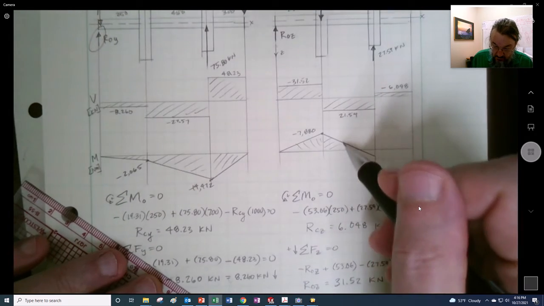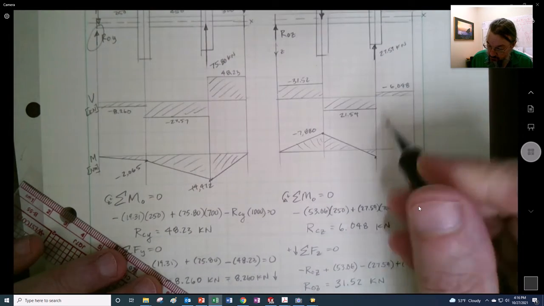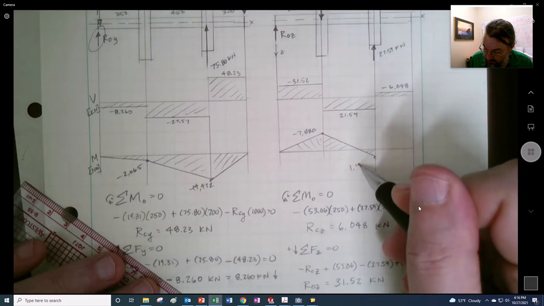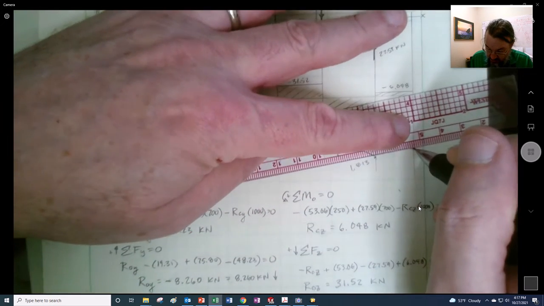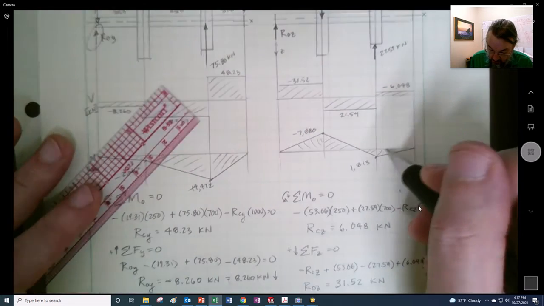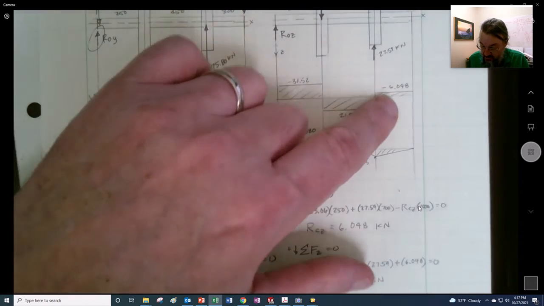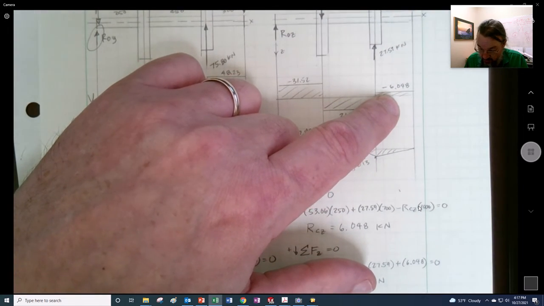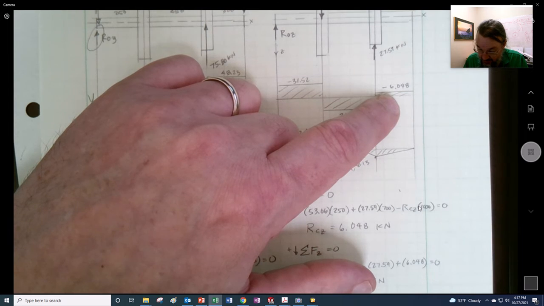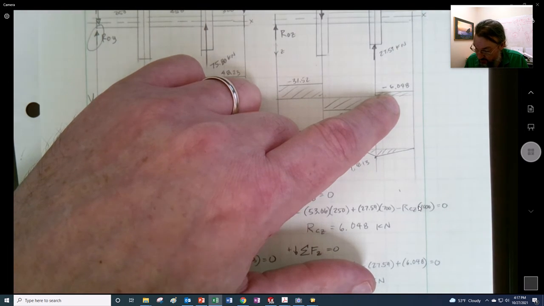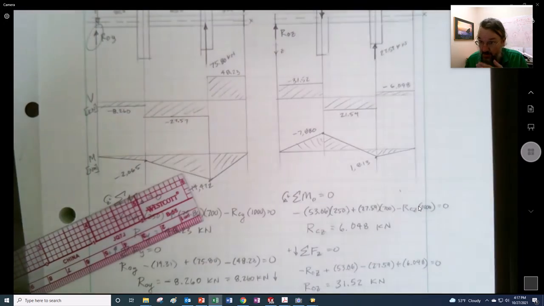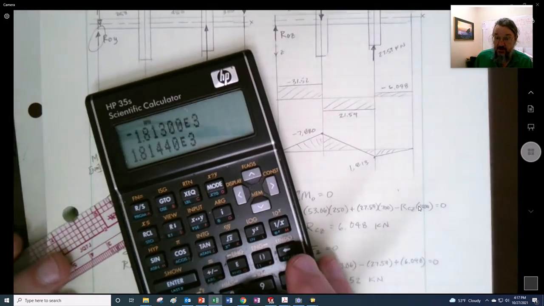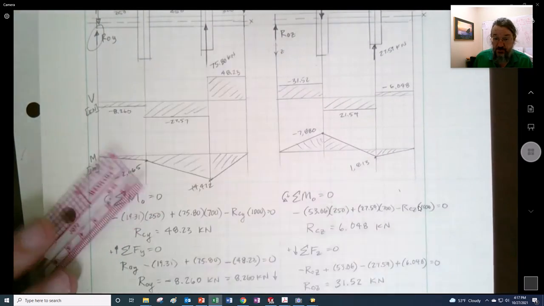So we get a 1,813, and it better go back to 0, but let's double check. So that's 6.048 times my 300. Yep, I get 1,814, right? So that's pretty close right in there.